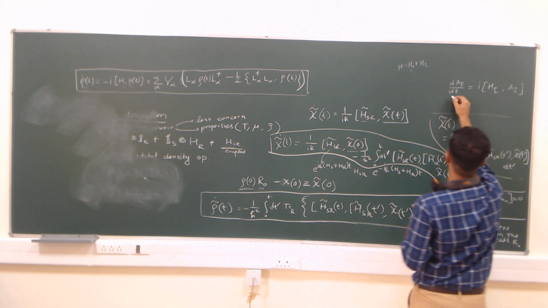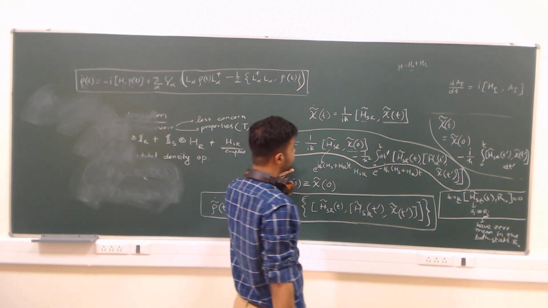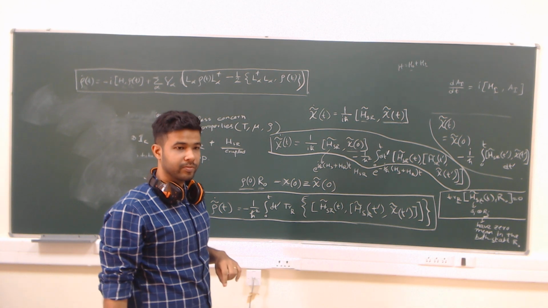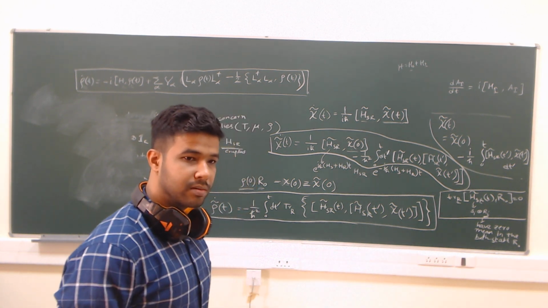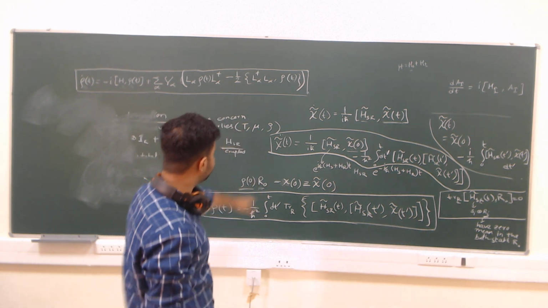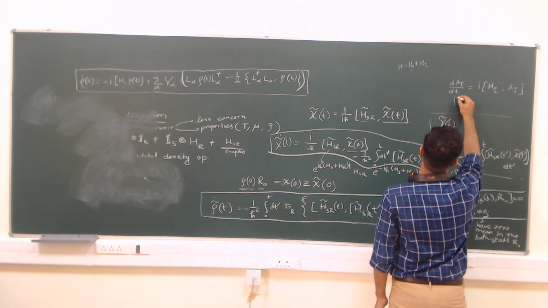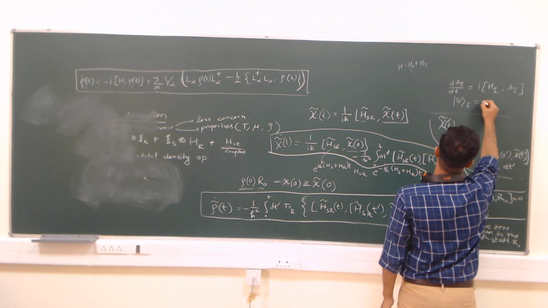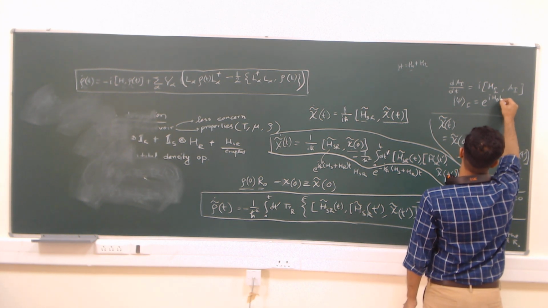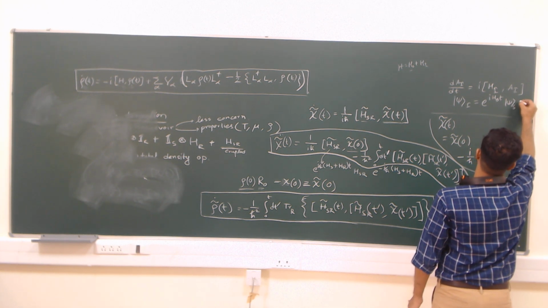The density matrix equation of motion is again a Schrodinger equation of motion, but here it is the states that evolve according to the perturbation and the operators evolve according to the unperturbed dynamics. If you just take the states, psi r is e to the power iH0t psi s.